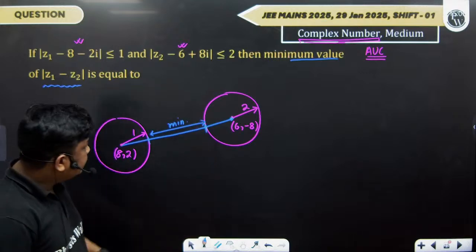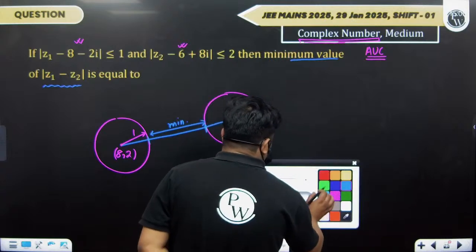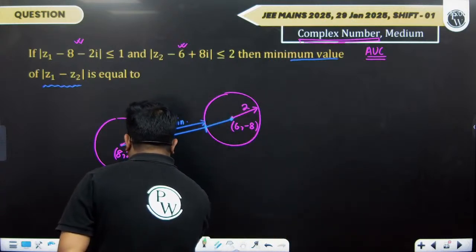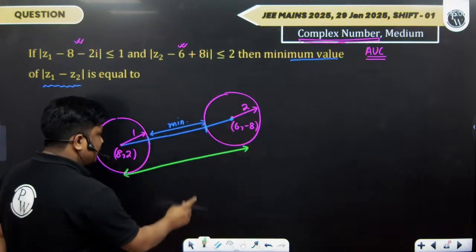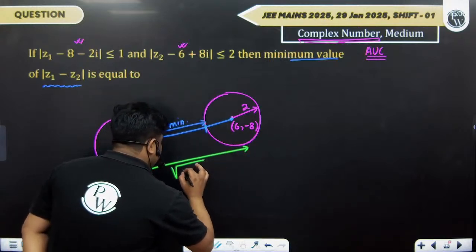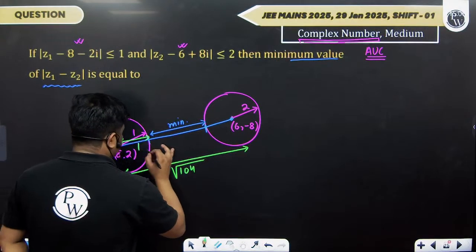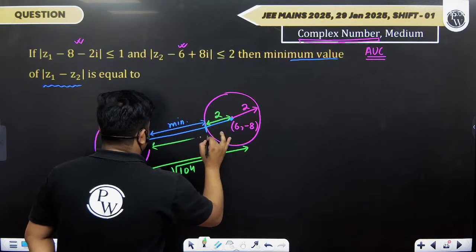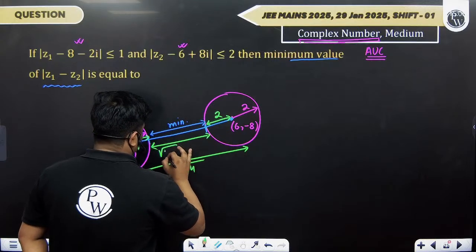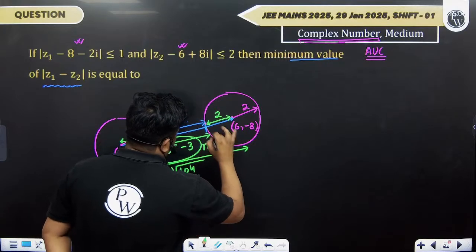Geometrically, this is how we solve such kind of question. Okay. So the distance from here to here is the distance between this point and this one. Very easy. We can apply the distance formula. So this will be 104. Now radius from here to here is 1. Radius from here to here is 2. So this minimum distance will be 104 minus 3 as a correct answer.